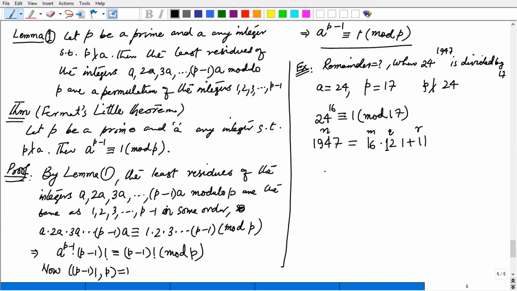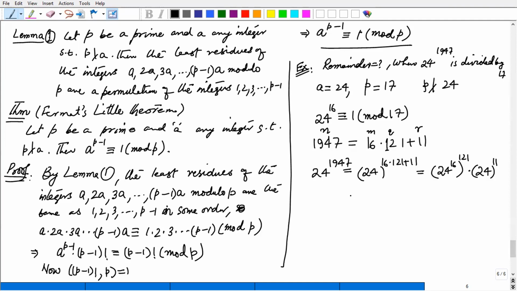So 24 to the power 1947 can be written as 24 to the power 16 times 121 plus 11, and this can also be written as 24 to the power 16, all to the power 121, times 24 to the power 11.